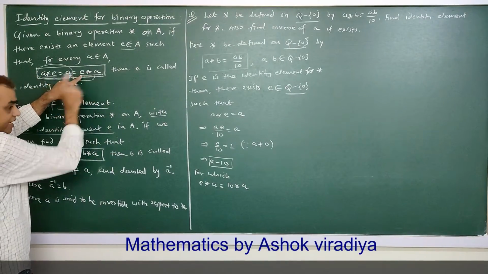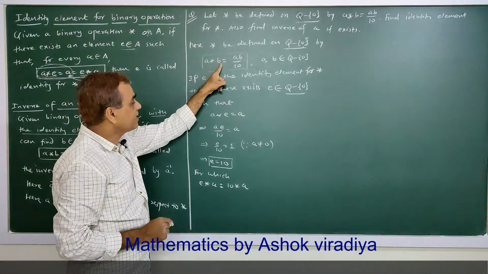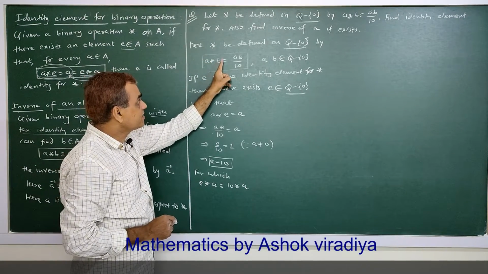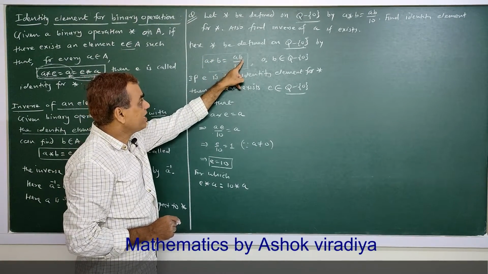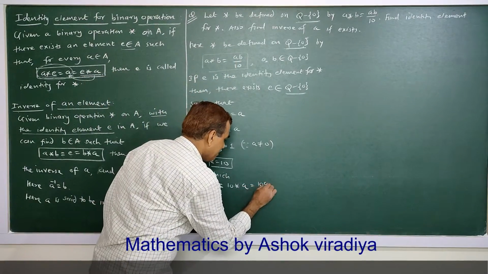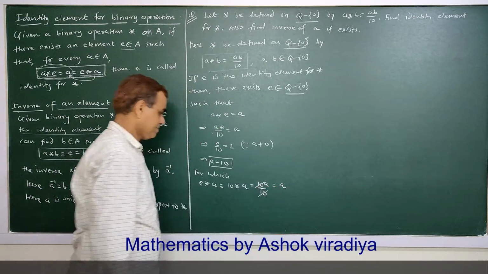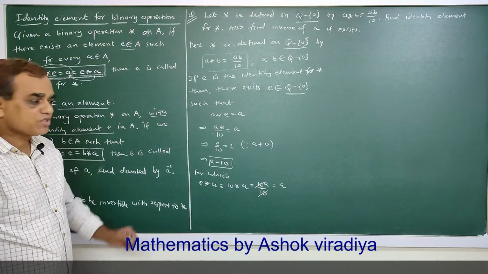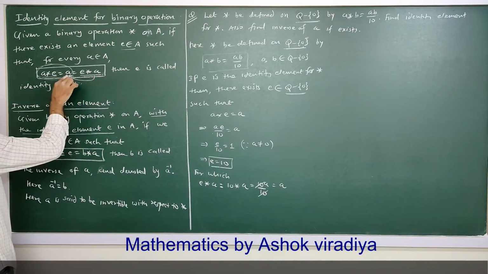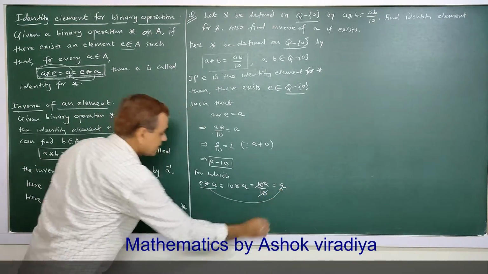Now what is 10 star A? 10 star A is 10 into A upon 10. The 10 cancels, so it is A. So what we have obtained is E star A is A.